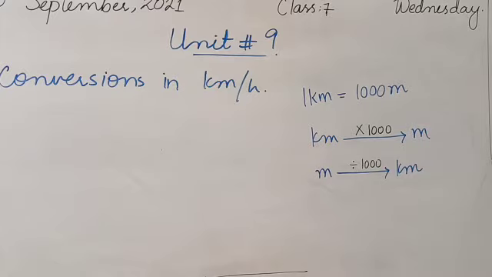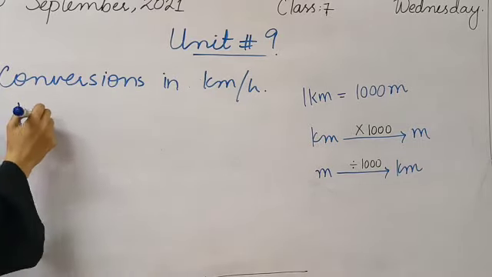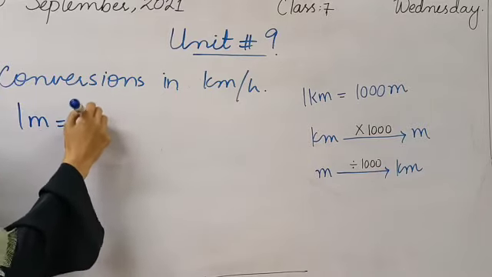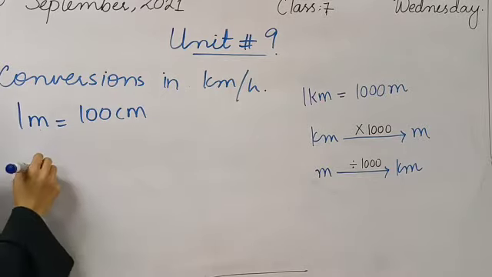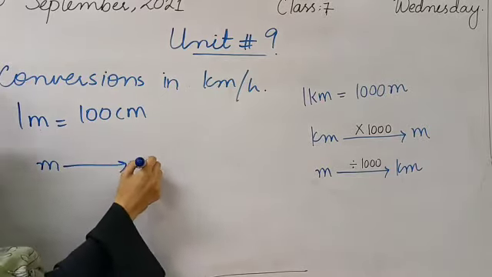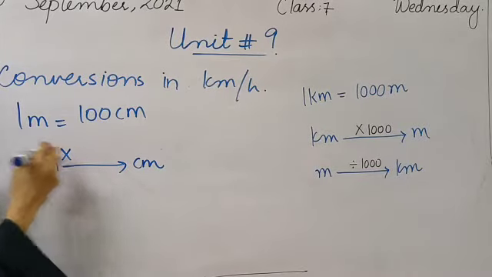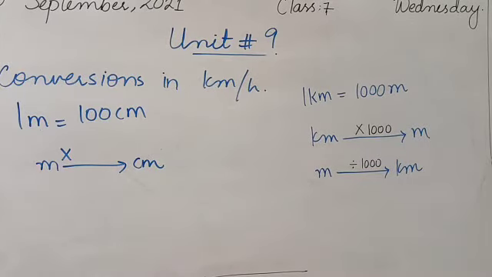Similarly, the next factor is 1 meter is equal to 100 centimeter. So if we want to convert meter into centimeter, what will we do? We'll simply multiply by 100.